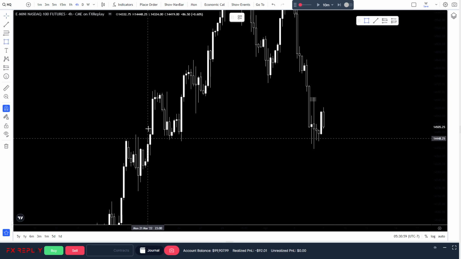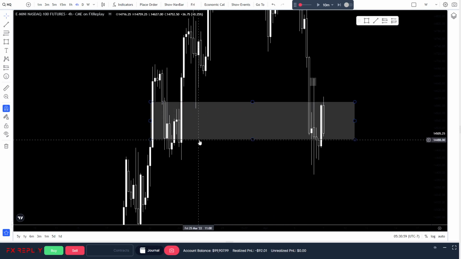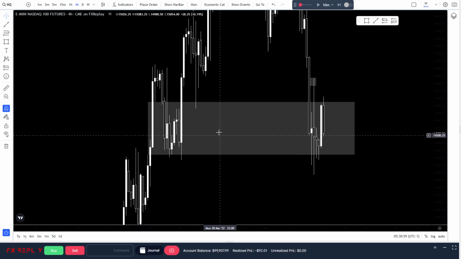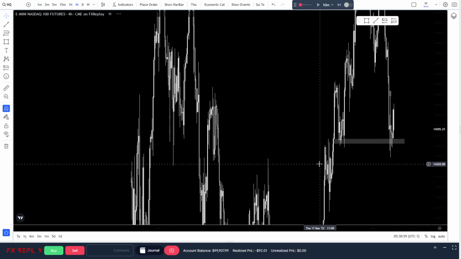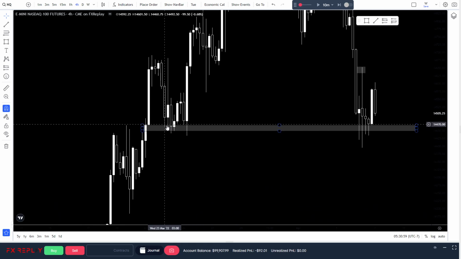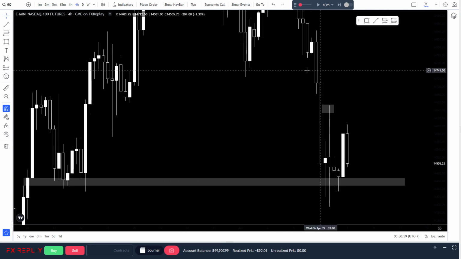It's really the 4-hour that's giving me more information. On the 4-hour here, we are delivering from this 4-hour gap. We have to close below. But here's another gap that connects it. We have a 4-hour gap here, which we are respecting. We also swept this liquidity pool with no displacement.